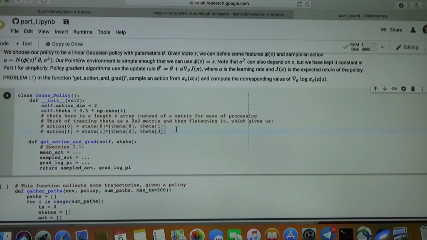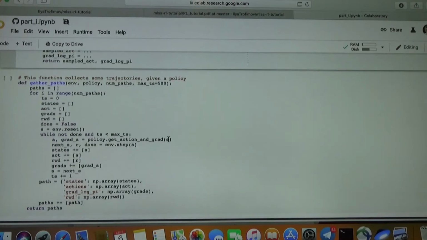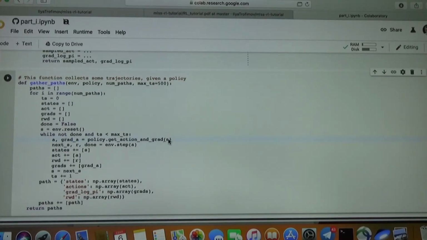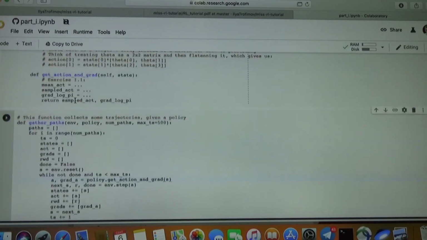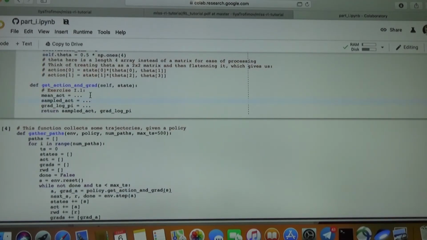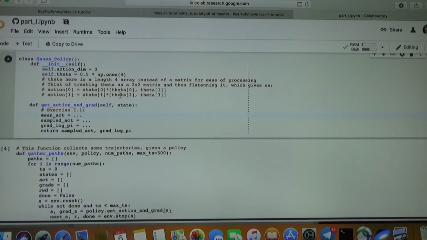We should move right to the center, but let us allow our agent to learn this policy. Okay, so here is the first exercise where you should calculate the mean action, the sampled action, and the gradient of the logarithm pi. So maybe you can spend several minutes, try to do it yourself.